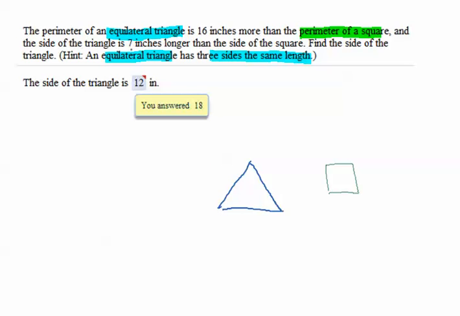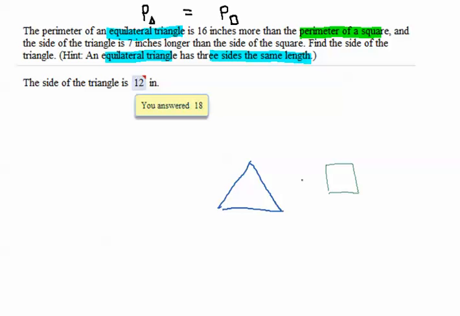And then let's write down what the original statement said. The perimeter of the triangle, and I'm going to denote that with a P and a little triangle symbol right there. Okay? Is, that's equals, 16 inches more than the perimeter of the square. So I'm going to write down the perimeter of the square. So right now, this math equation says that they're equal.